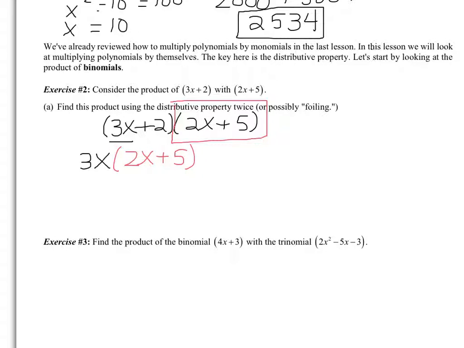Then I'm going to take the second term of the first binomial, which is plus 2, and I am going to multiply that as well by the entire second binomial, 2x plus 5.